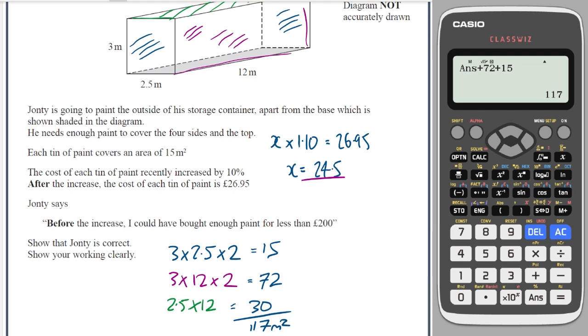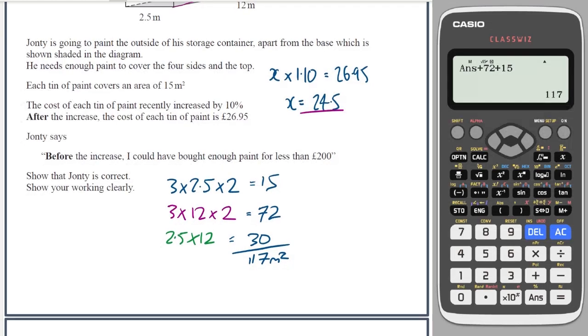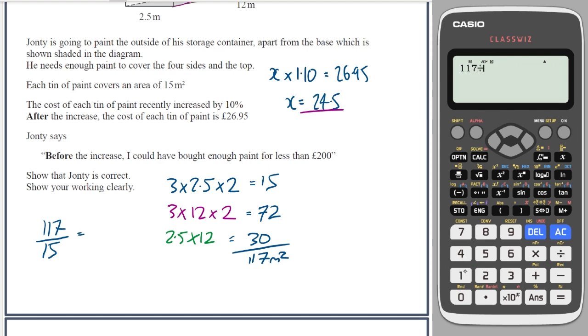Okay, so how many tins is he going to need? Well, if I do 117 divided by 15, then that gives me 7.8, which means he's going to need 8 tins.